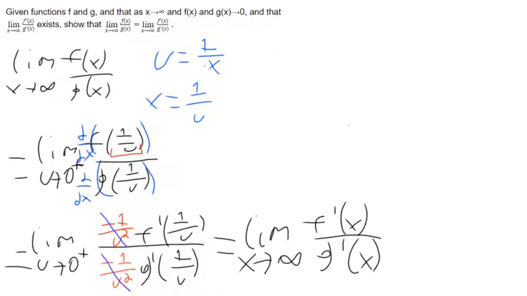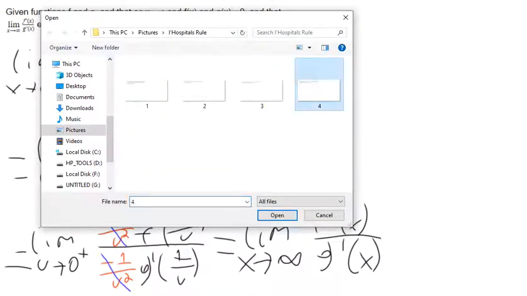And now I'm going to look at when we have x approaching negative infinity instead. So this time we basically have the same thing as last time, but as x is approaching negative infinity, f of x and g of x are approaching 0. So again, I'm going to take a look at the limit as x goes to negative infinity of f of x over g of x.